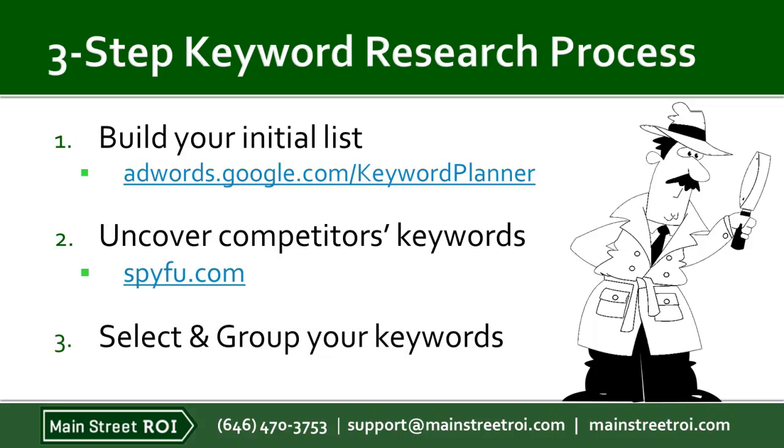And the third step is to select and group your keywords. And I recommend you select what I call buying intent keywords. Those are the keywords where it's likely that the prospect is looking to make a purchase versus just doing research. So again, with the dentist example, someone searching how to get whiter teeth is relevant, but at the same time it's more of a research intent type keyword.